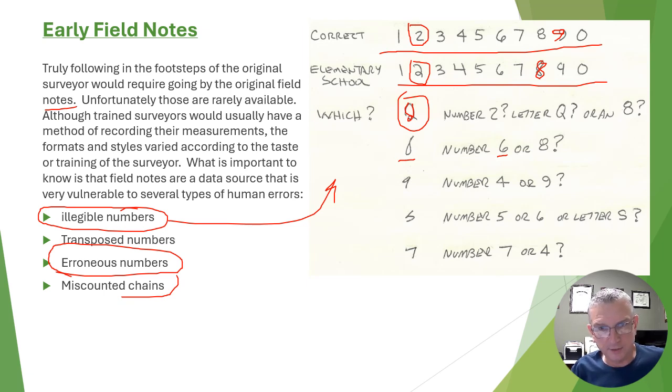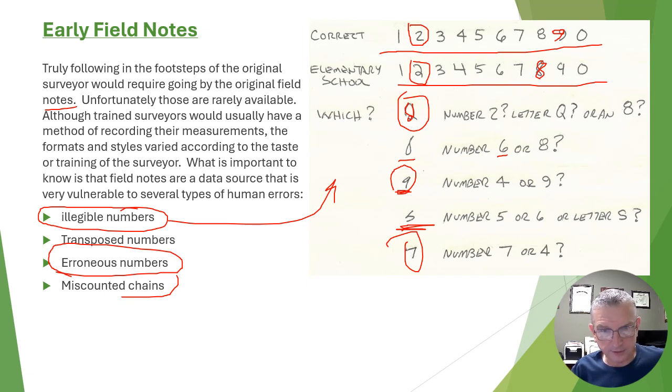So is this a 4 or is it a 9? It's a great question. You see this in an old field book. That's a measurement. Is that a 5? Is that a 6? Is that an S? Is it a lowercase b? This one is most interesting.